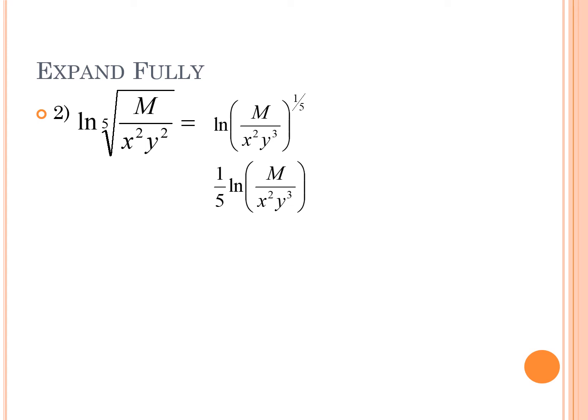We can move that 1/5 out front. Now that 1/5 we're multiplying by the natural log, it's going to go to everything. So if we start separating this into multiple logs, we want to make sure that that 1/5 is outside some parentheses or brackets, as we don't want to drop it accidentally.